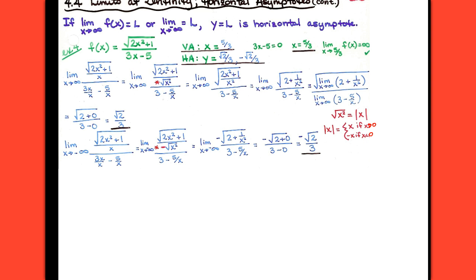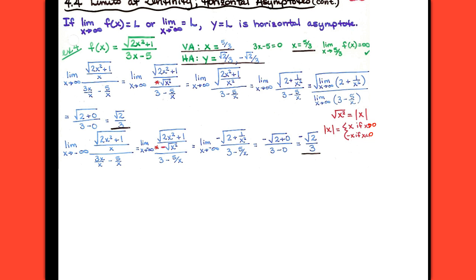So we can identify possible vertical asymptotes by setting our denominator equal to 0, but then we still have to go back for our verification or justification if they ask for that, and take the limit as x approaches that value and make sure that we get a limit that's going to infinity or negative infinity.